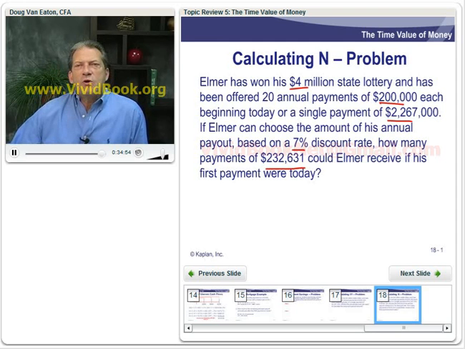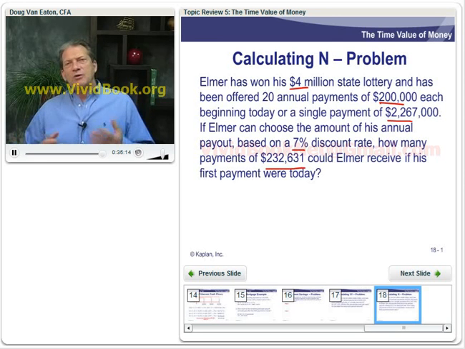Let me reword it. If we had $2,267,000 in the account today, how many years could Elmer draw payments of $232,631 if the interest rate were 7%?